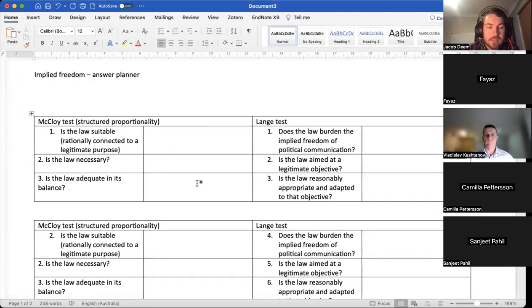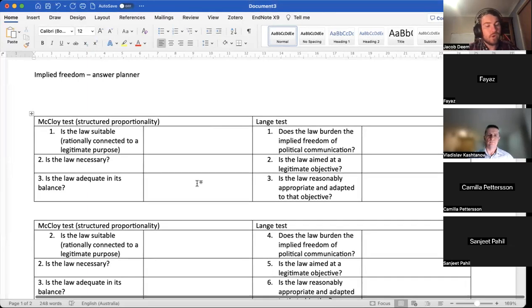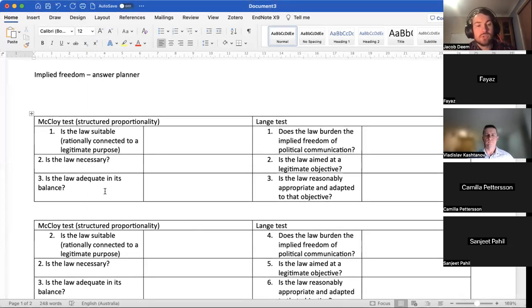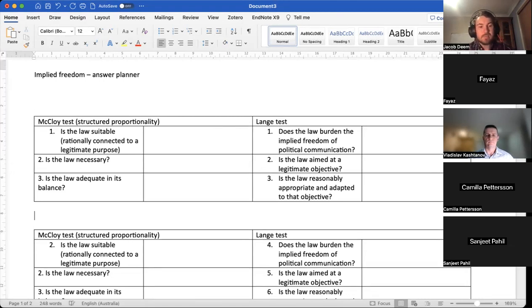So we've got a few issues to run through, and we'll see how we go for time. We might get through them all. But let's basically just break them down. So there's the Section 3 issue of broadcasting material.